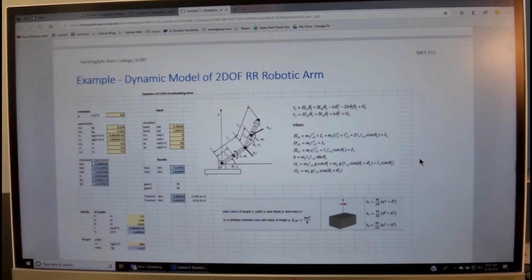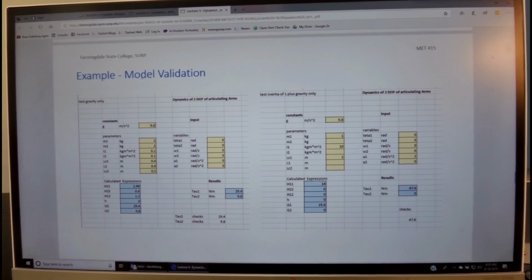So once we resolve the equations within the Excel spreadsheet, for example, we could simplify by putting zeros on some of the dynamic variables and check the results and see if they make sense.